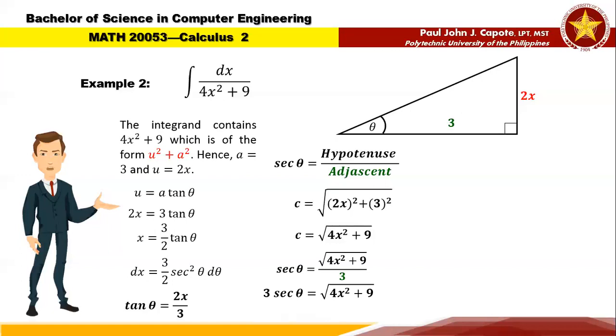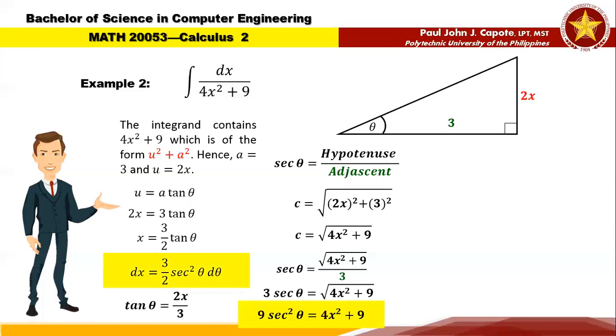Simply, we square both sides of the equation. So we let 3 times secant theta squared and square the right side of the equation. So we get 9 secant square theta is equal to 4x squared plus 9.